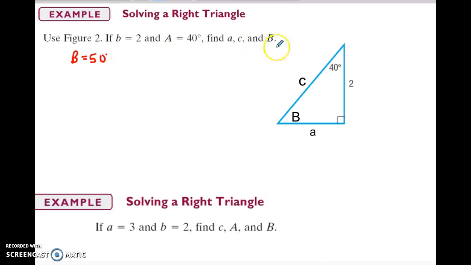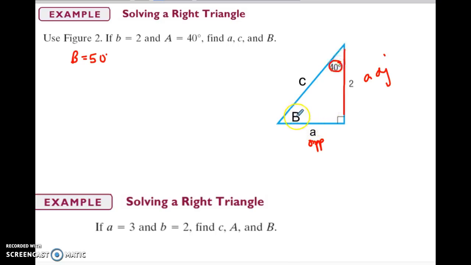All right. And then if we just go ahead and look for A and C, I know this side here, and that's the adjacent side. And A is the opposite side, and this is if I want to use the 40 degrees. Now, remember, it changes how you label your triangle on the angle. So I'm focusing in on the 40.